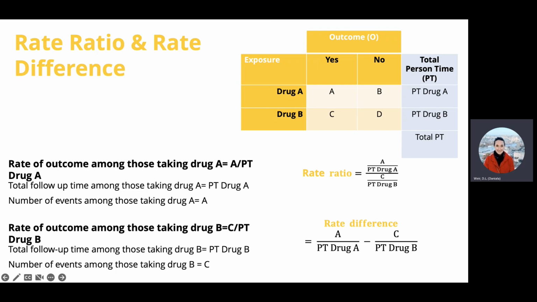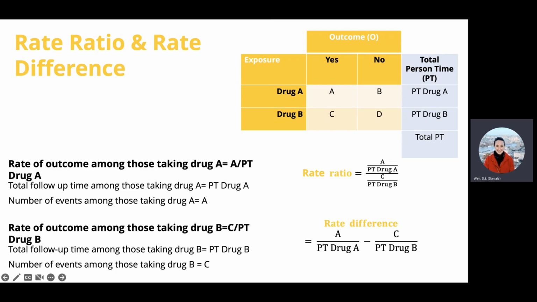So first we have to calculate the rate of the outcome among those taking drug A. This is simply calculated as A, which is the number of events among those taking drug A, divided by the total person time of follow-up among those taking drug A. And A stays the same. It's the number of events among those taking drug A.